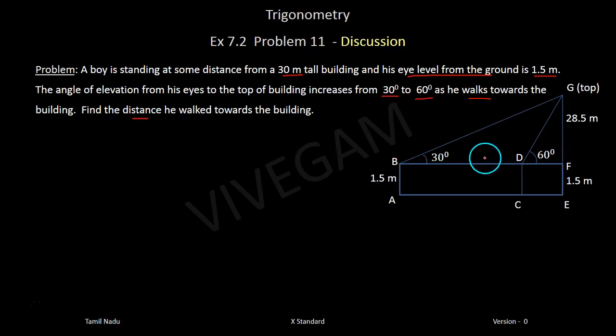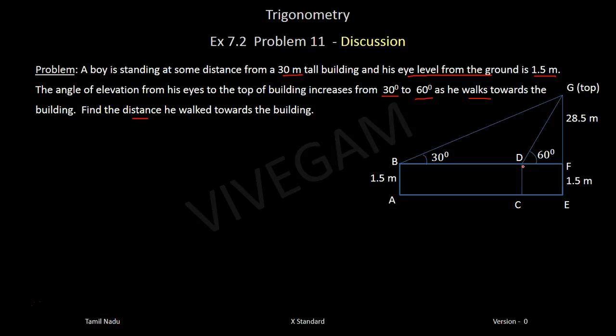The relationship between this known and the unknown, and this angle is tan theta. Tan 30 is opposite by adjacent. So from that you will be able to calculate BF. Once we know the total distance and this distance, subtracting this from the total, you will get the distance the boy has moved towards the building. Okay. So please keep this in mind. This is how this problem is going to be solved.